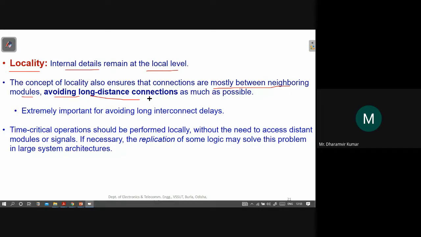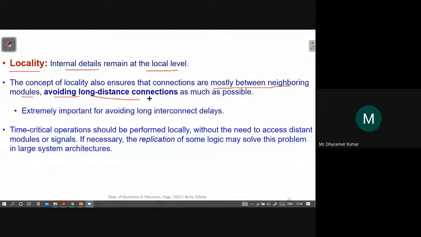With the most advanced technology, as the technology node is moving from 50 nanometer to 7 nanometer, the delay of the device and the delay of those interconnections are coming out to be comparable.